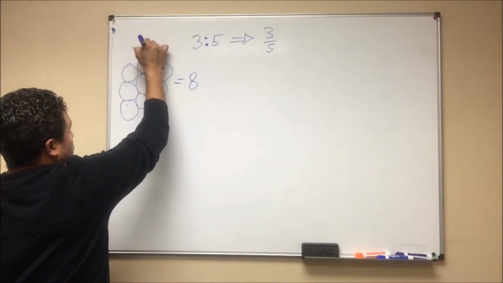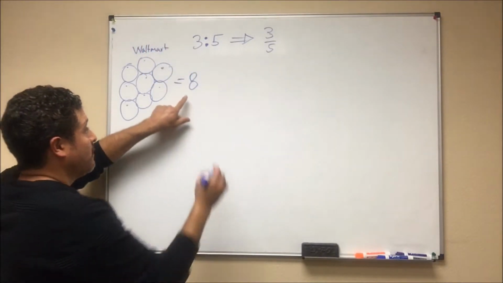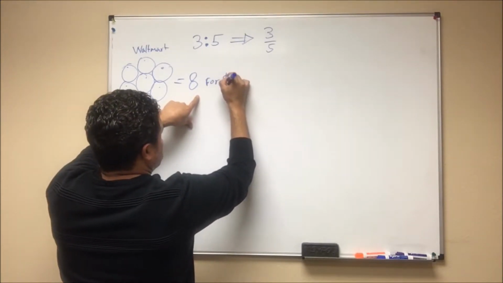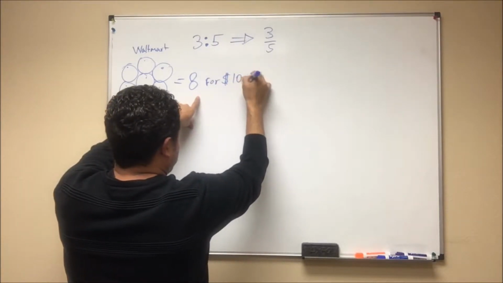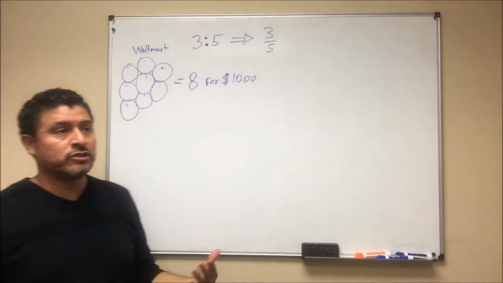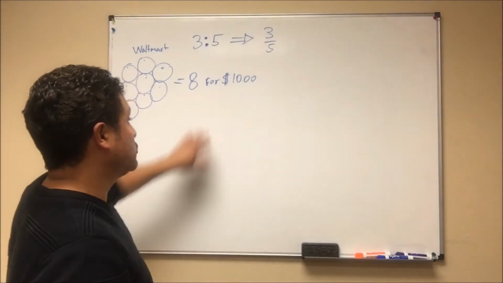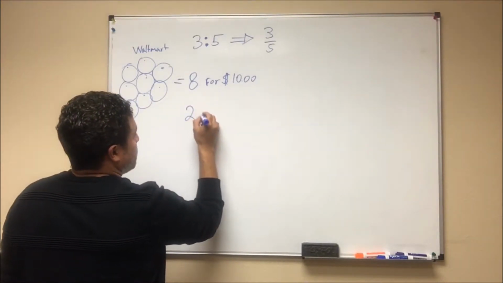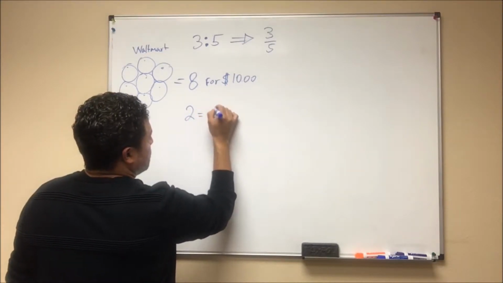If you go to Walmart and buy 8 oranges for $10, and you want to find out how much it would cost you to buy only 2 oranges, you can actually use the ratio. So the question is, how much would 2 oranges cost? What would be the price of 2 oranges?